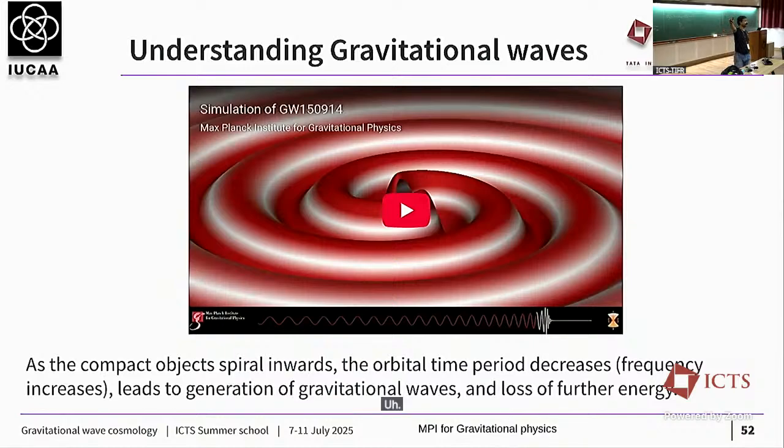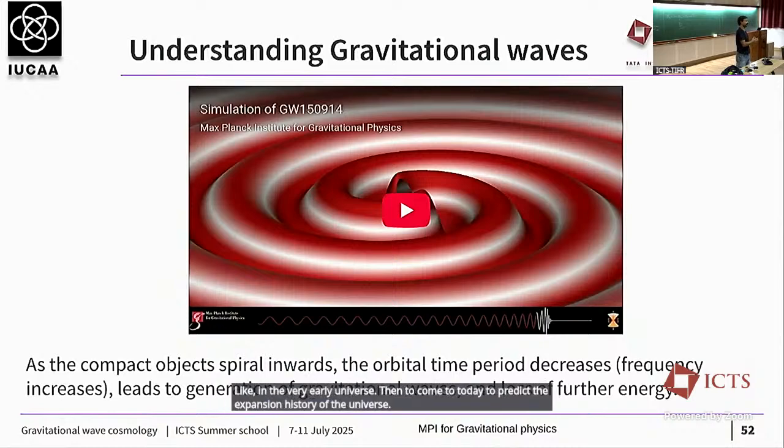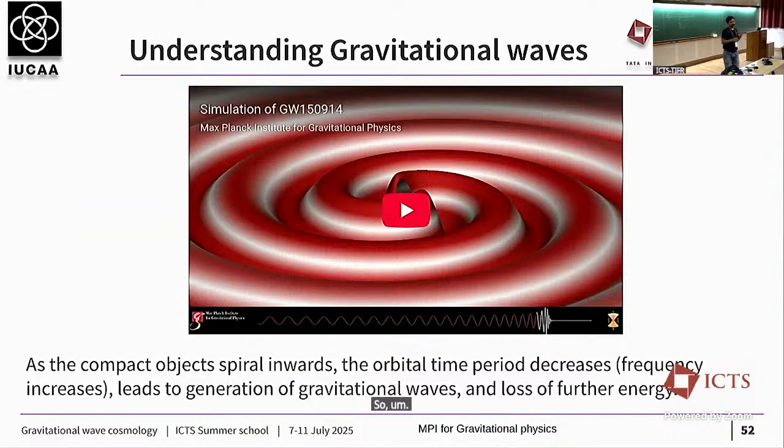See, the CMB observations are done in the very early universe. Then to come to today, to predict the expansion history of the universe, you have to assume a model, right? If something breaks in the model, then of course your measurements may be off. So there is a possibility that the cosmological model itself is wrong. That does not mean the analysis that was done by Planck is wrong.